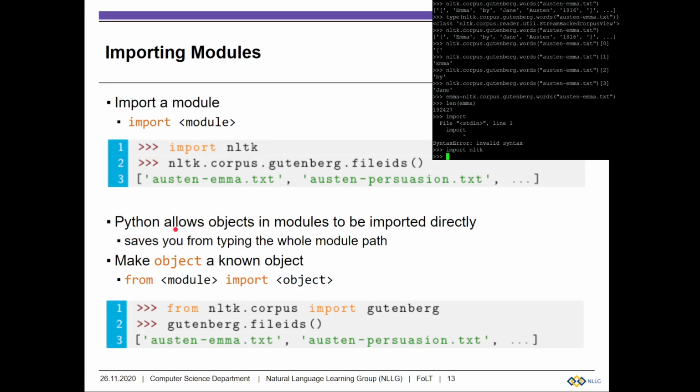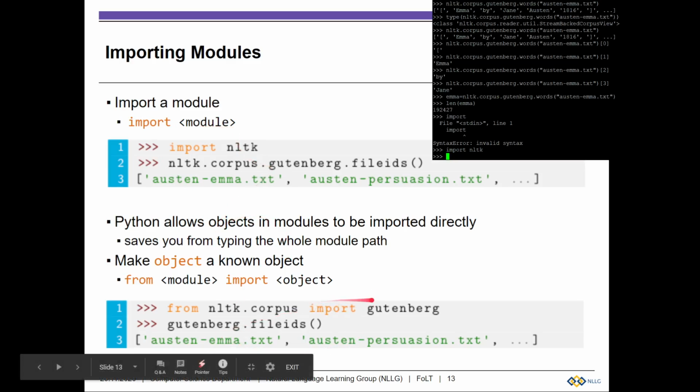Then the thing is that you can import a module and then a submodule. You can continue with however many submodules there are, or you can alternatively use this notation: from module import submodule.